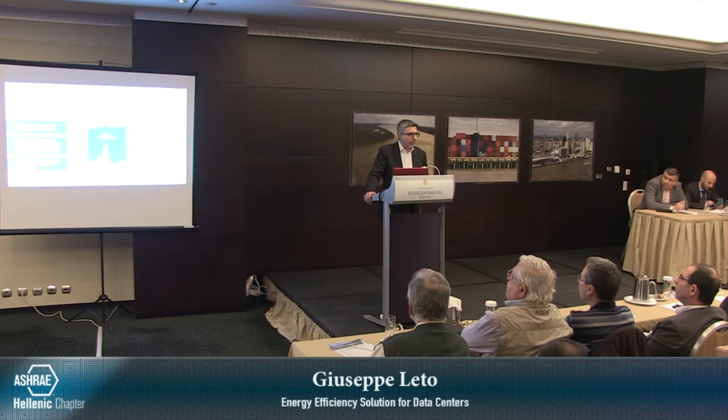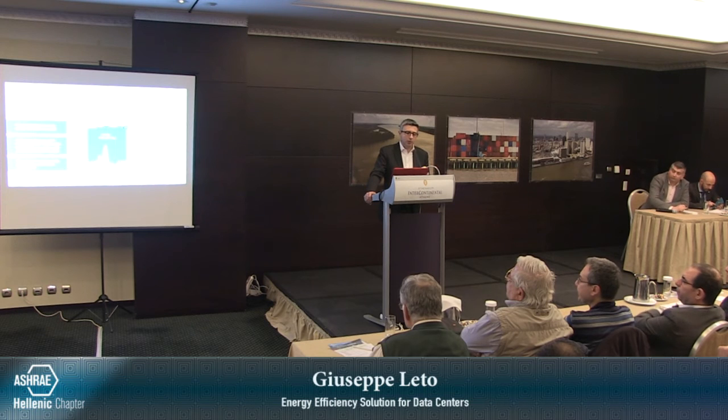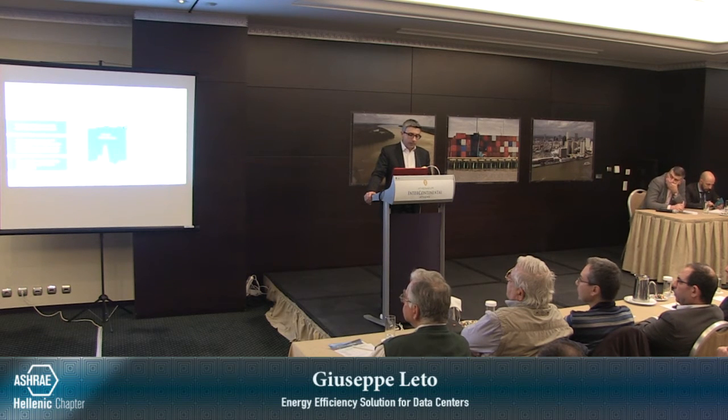We are allocating resources to manually fix and learn how the cooling system is reacting to minimum changes that we implement, maybe changing some set points of temperature or airflow of the air. The result, in general, is that we waste energy.